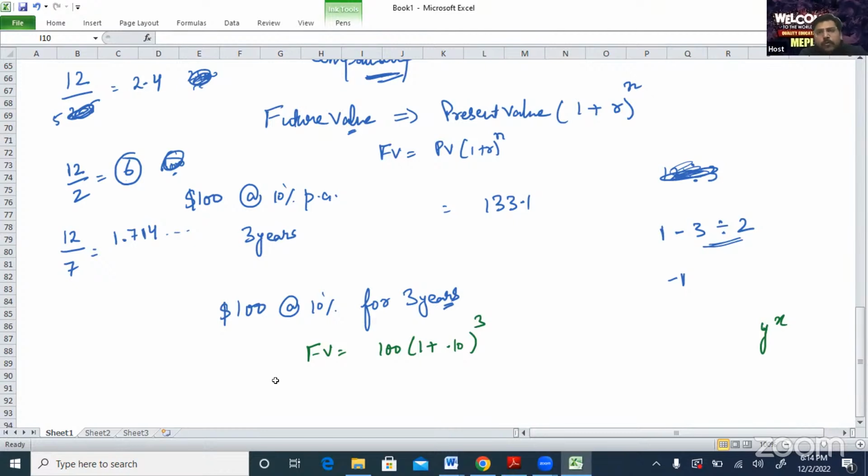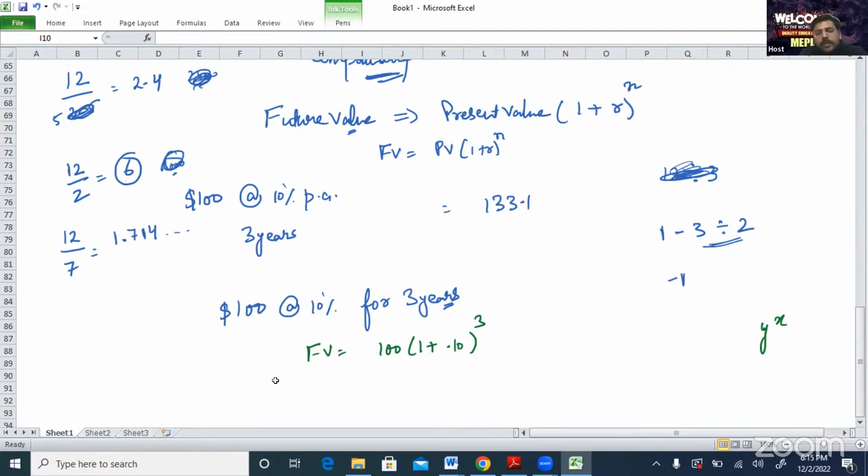Because I have to take it as a cash outflow, I will take the plus minus sign. In the last row there is the plus oblique minus option, so press it. You see, -100 is coming.